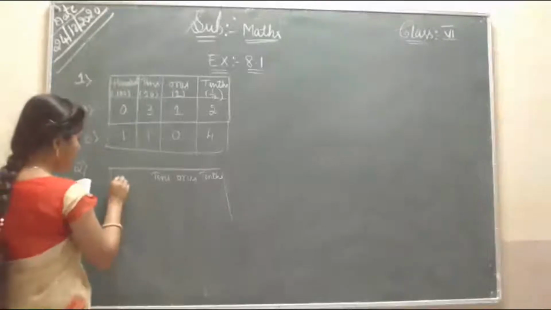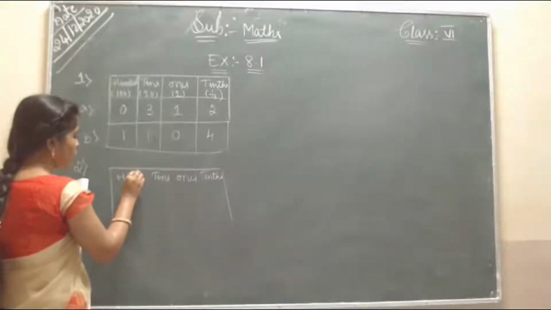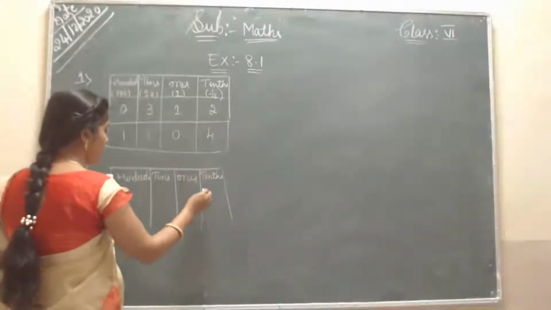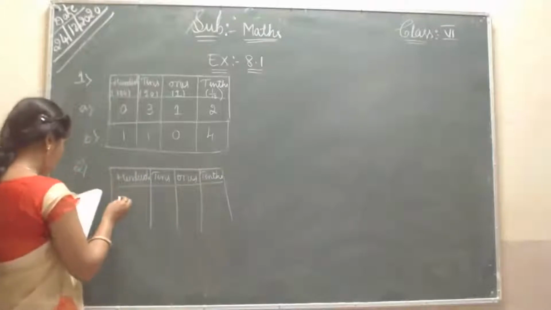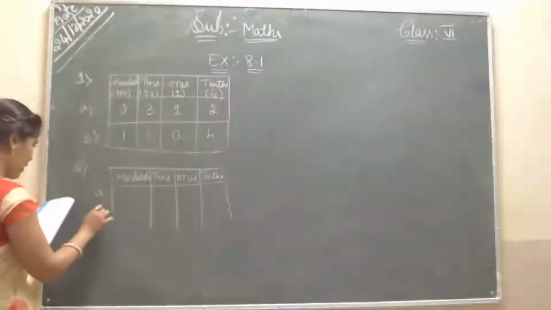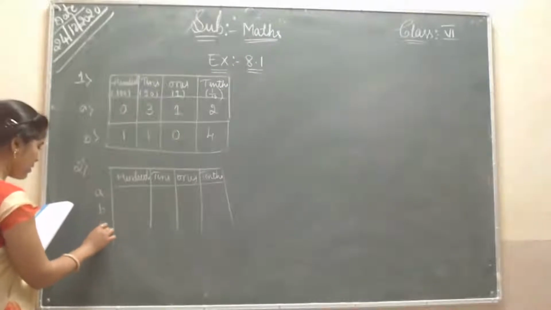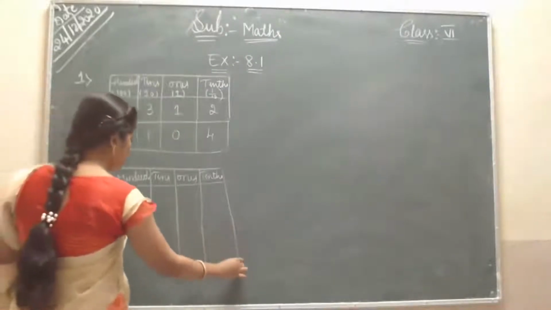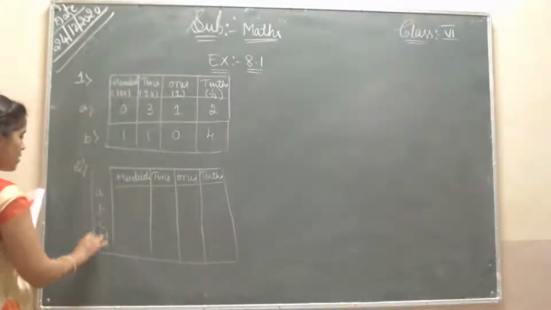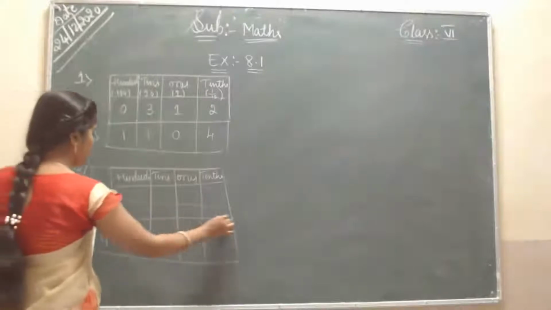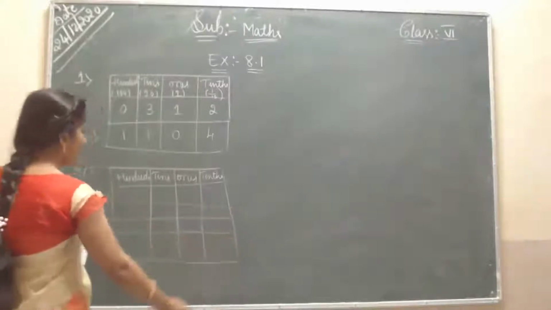Only up to 100 we have to write. A, B, C, D. So this is the place value table. We have to write A, B, C, and D.